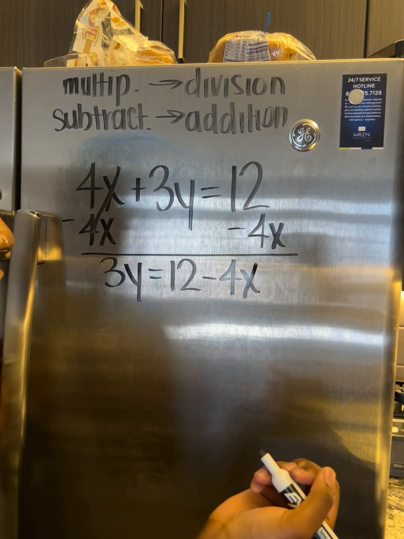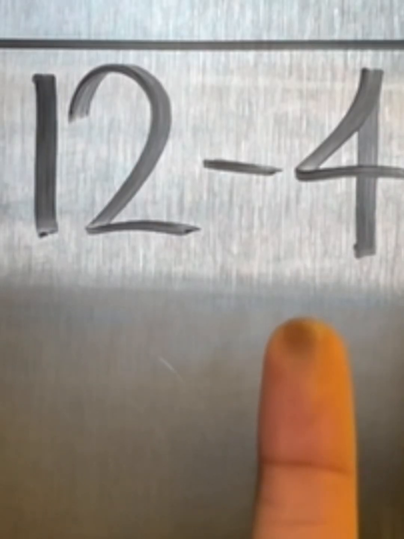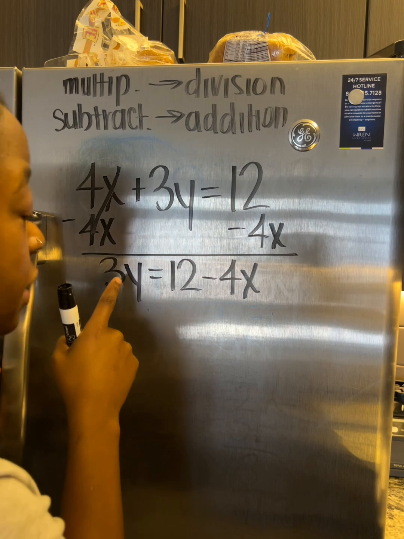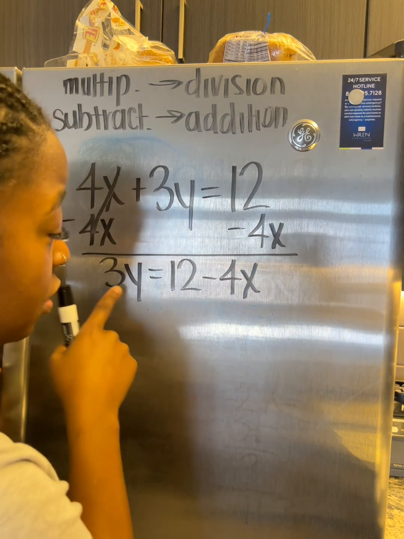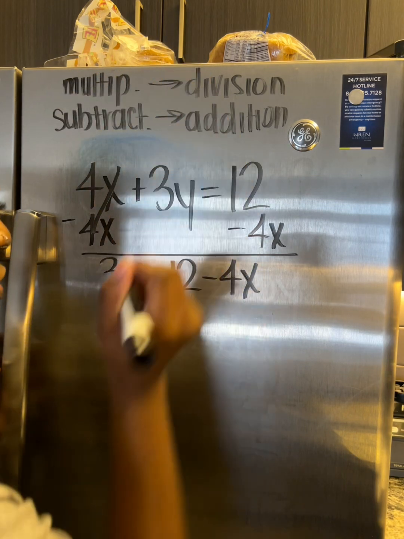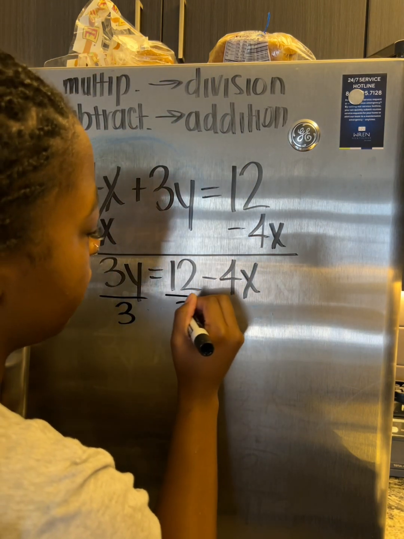And the only thing I have left is this 3 over here. Look at this. Can y'all see that? Look at my finger. I need to separate this 3 and the y. The 3 and the y are multiplying, and the opposite of multiplying is dividing. So I'm gonna divide everything by 3.